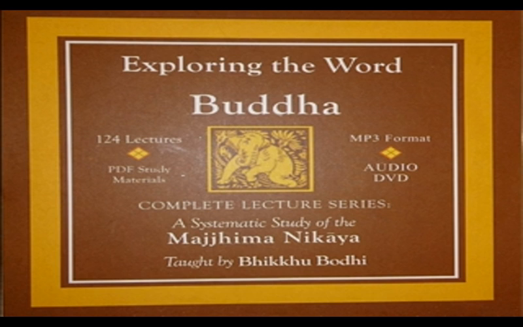He has severed craving, flung off the fetters, and with the complete penetration of conceit, and here we have that word abhisamaya, complete penetration of conceit, he has made an end of suffering.